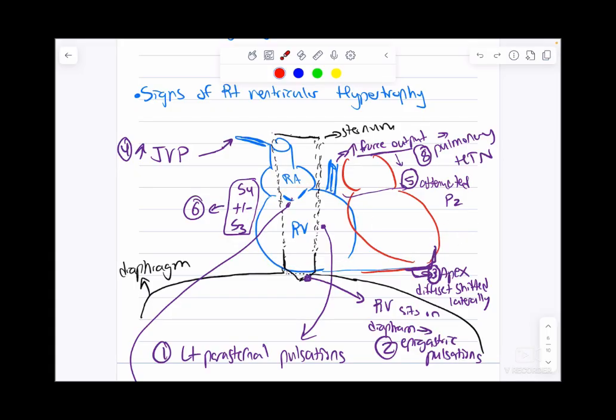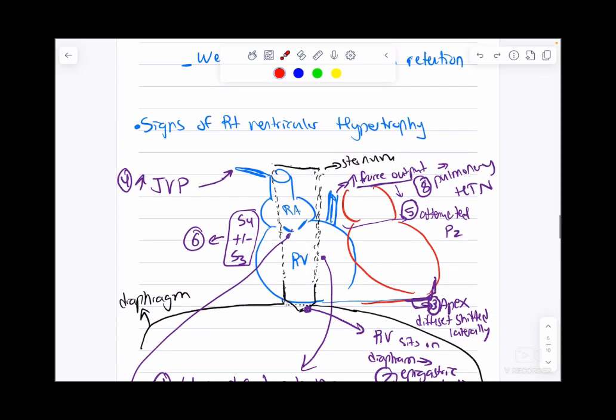As we know, the left ventricle is normally at the fifth intercostal space, midclavicular line. This would probably not be the midclavicular line anymore. It'd be a little bit deviated.